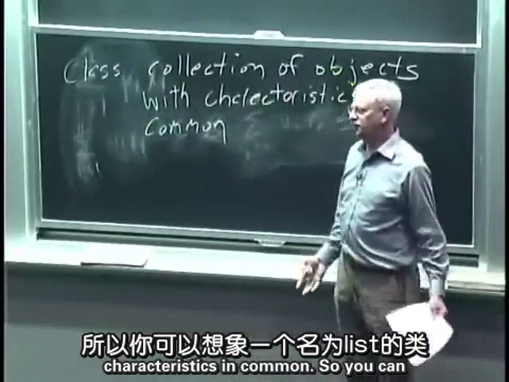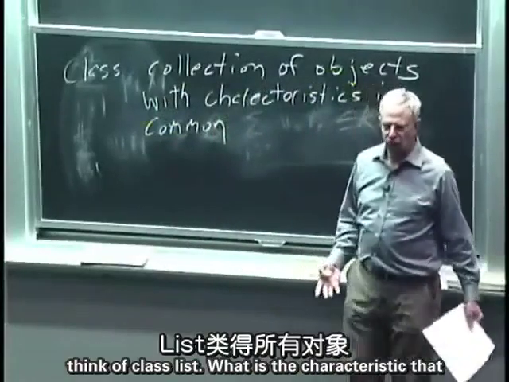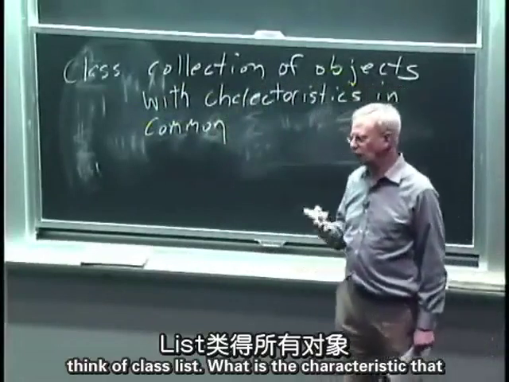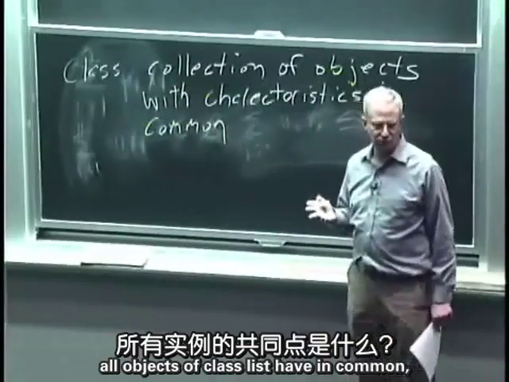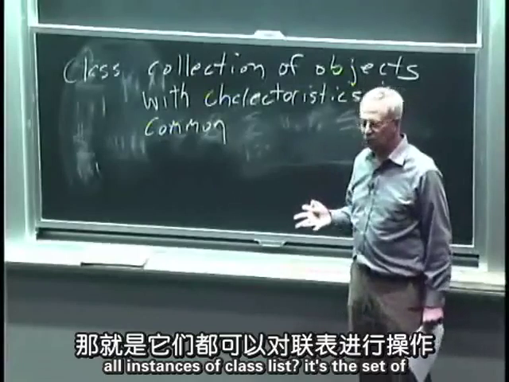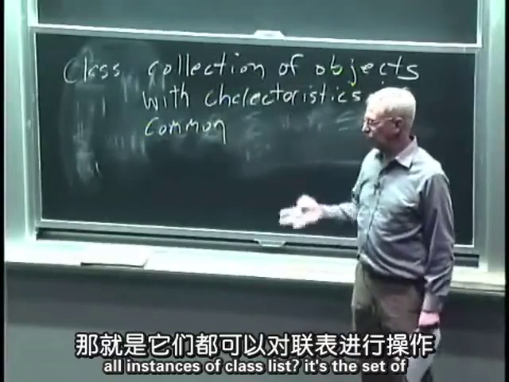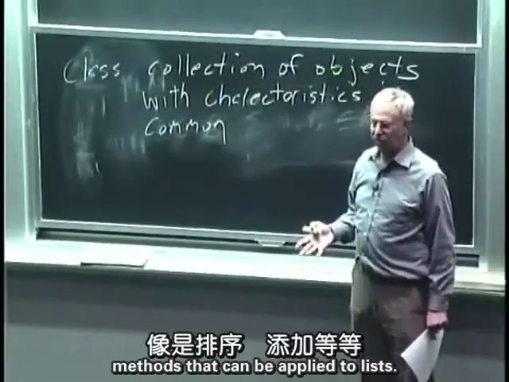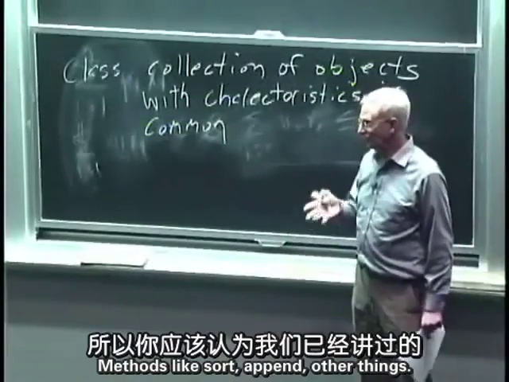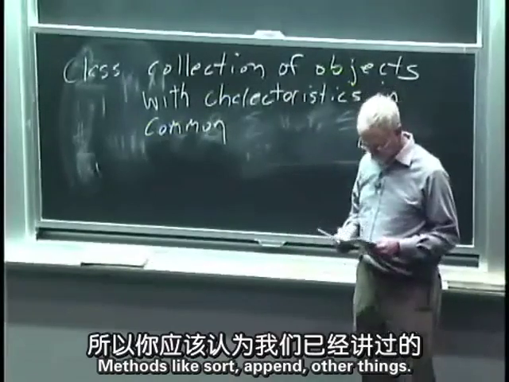So you can think of class list. What is the characteristic that all objects of class list have in common? All instances of class list? It's the set of methods that can be applied to lists. Methods like sort, append, other things.